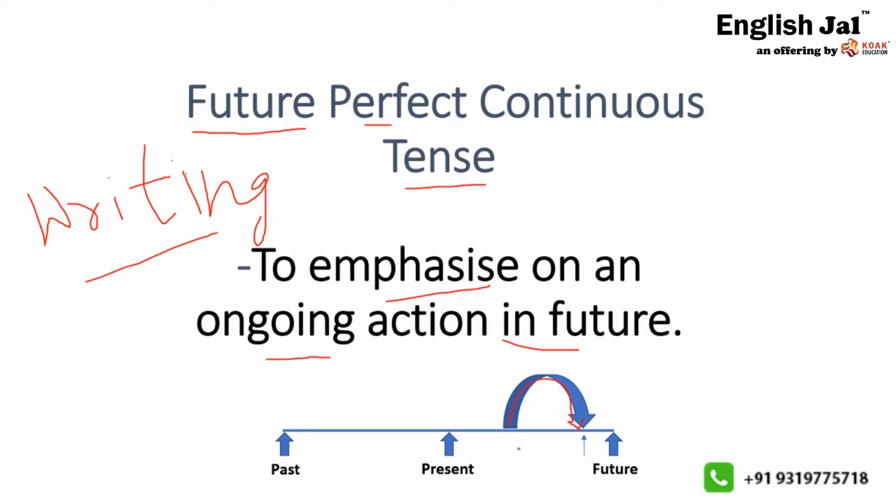Let's say, for example, this is the duration, this is the span, and it has been going on and on up to a particular point of time. It started from one point and went on to a particular point of time or span of time. That is what future perfect continuous tense is used for.